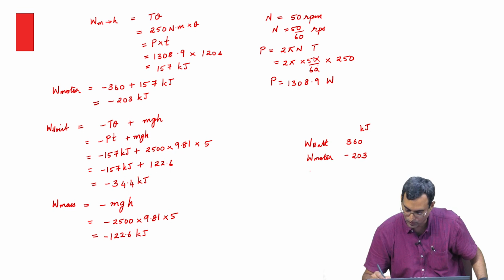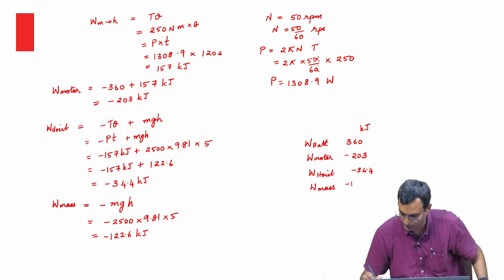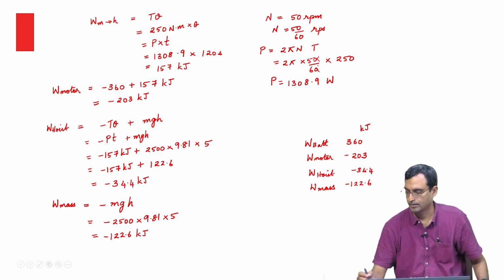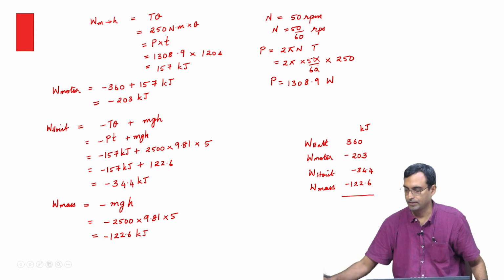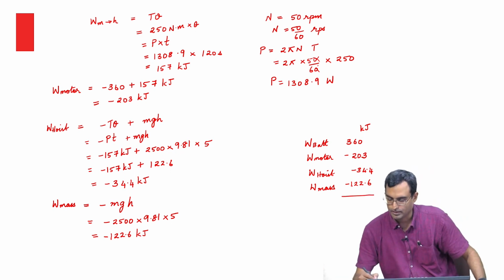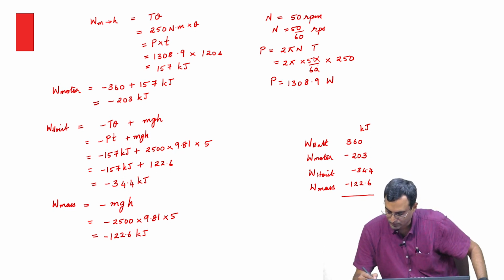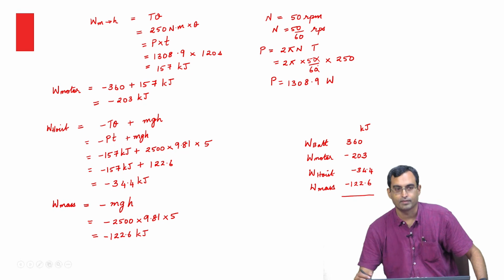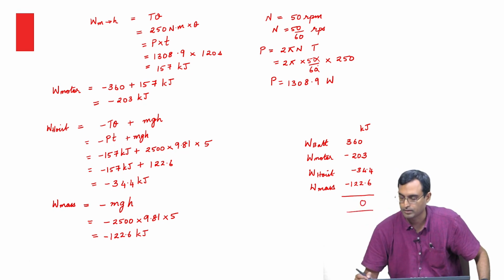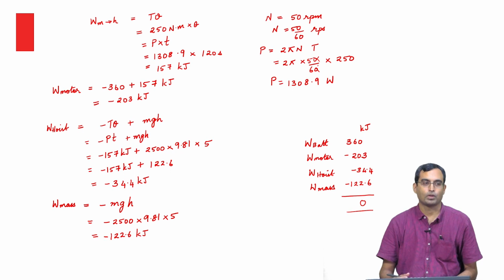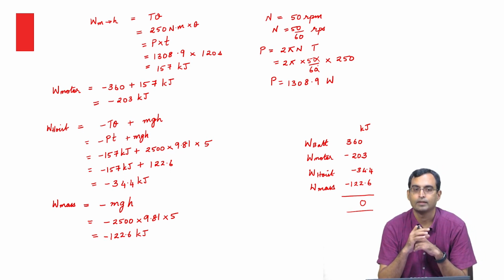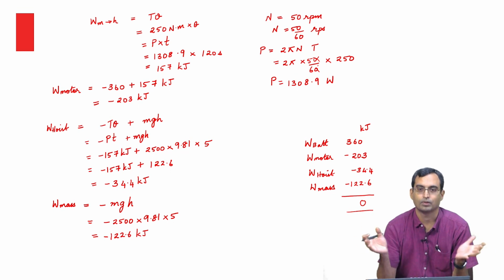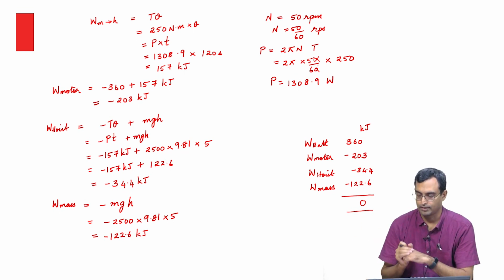We had the work interaction for the hoist, which is minus 34.4, and for the mass, which is minus 122.6. So, if we now add up all of these, we get 0, which is what we were expecting to get. So, the sum of all interactions should be 0, provided we have taken into account all the interactions which are there. We see that that is indeed the case.